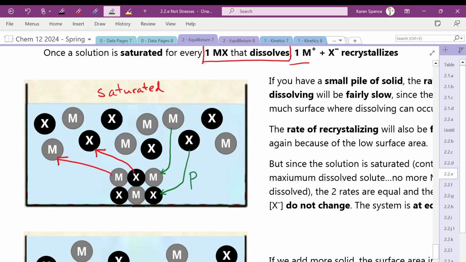Okay. Also known as recrystallize. Over here, we have dissolving, and over on the right, we have recrystallizing.